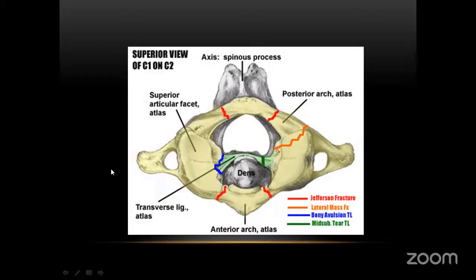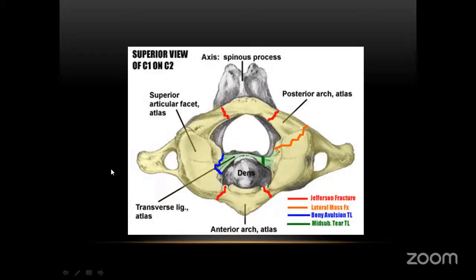Most likely we advise the Philadelphia collar. They say that a halo vest should be there, but it's very difficult nowadays. I haven't seen any patient who wears that one. Okay, so for 8 to 12 weeks, to immobilize C1 C2.